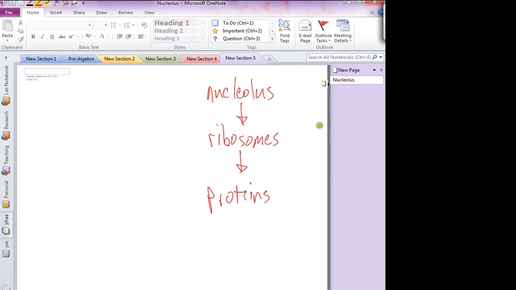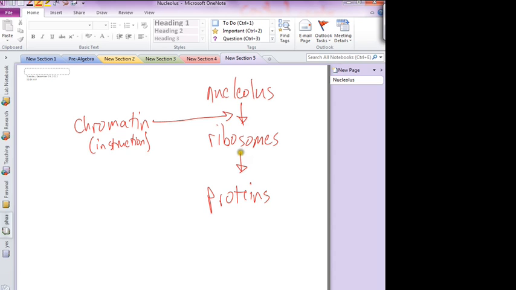Now, we have chromatin, which has the instructions for making proteins. So this is useful to tell the nucleolus how to make ribosomes. I'm going to do this color. So let's put this here. This is going to go into this process. So it's kind of between the nucleolus and the ribosomes. It's the information that's used to produce ribosomes by the nucleolus.